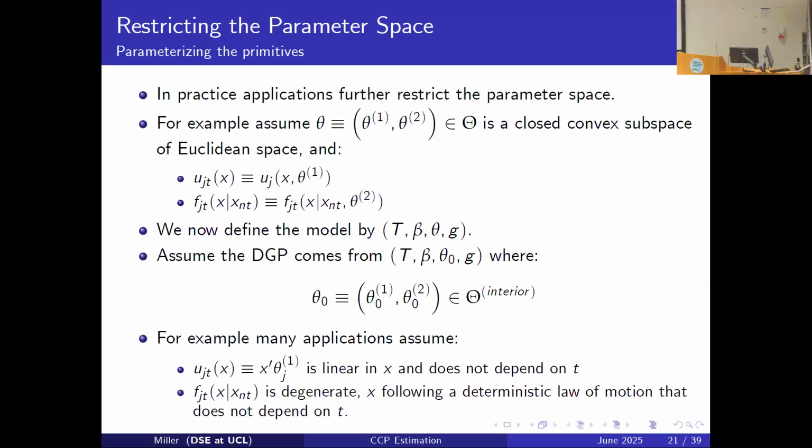The utility depends on state variables, but nothing more, and it's often linear. Think of a labour supply equation: what do wages depend on? Or sometimes we'll even assume that the transition is degenerate and follows a deterministic law of motion. Things will increase by 1 or 2 or stay the same depending on what choice you make.